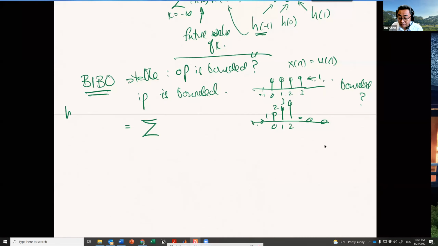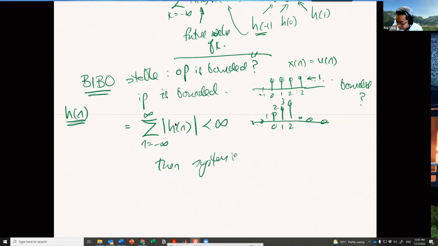Again, you look at the system, and if you have the impulse response, you take the impulse response and you sum it absolutely. And if this value is less than infinity, then the system is BIBO stable.